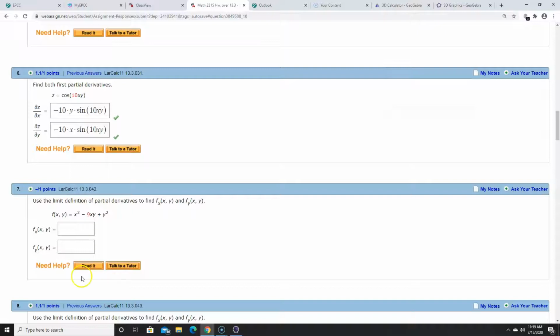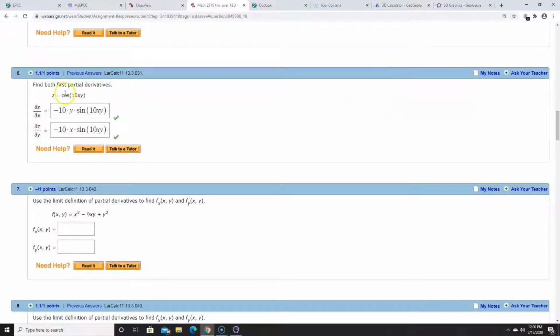So notation wise, instead of saying the partial derivative of f with respect to x, partial derivative of f with respect to y, you can write it this way. Instead of saying f, you can say z. The partial derivative of z with respect to x, the partial derivative of z with respect to y. So it's the same thing we've been doing, they just wrote it differently right here.